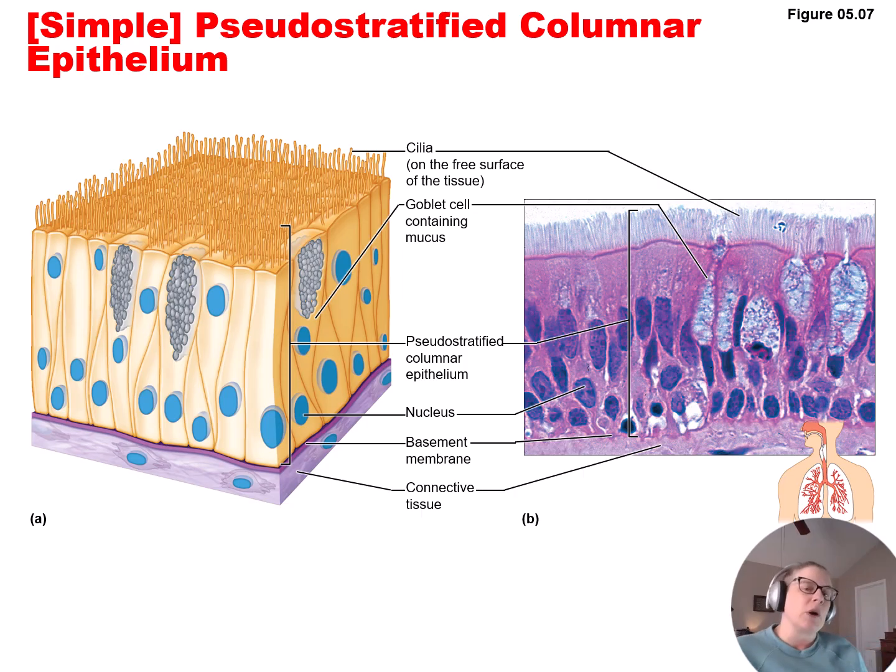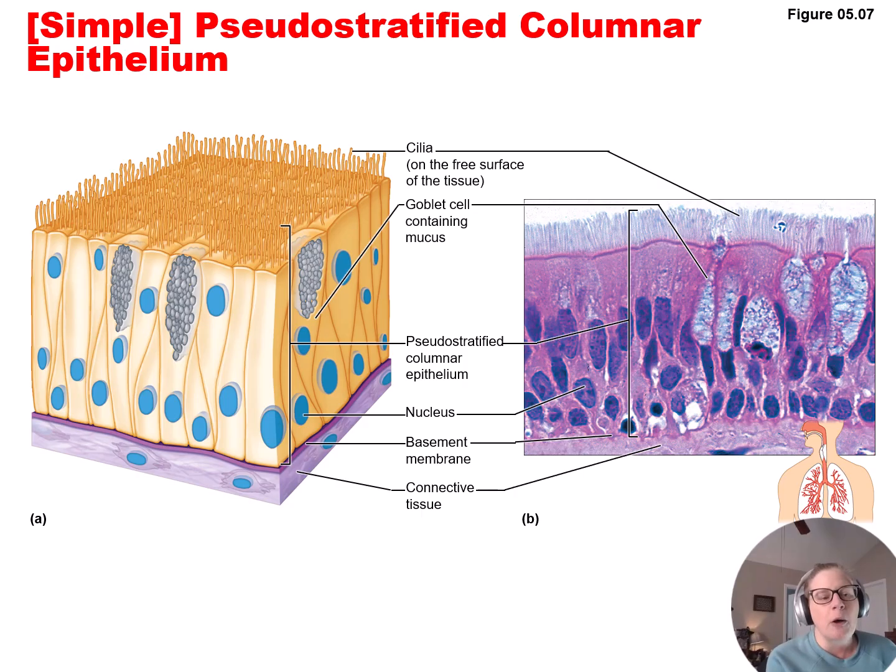But if you know your word parts and you know that pseudo means false, this means that it's falsely stratified, or that it's not really stratified. So pseudostratified columnar epithelium wants you to think that it's stratified, but it's faking it. It's really a type of simple epithelium.